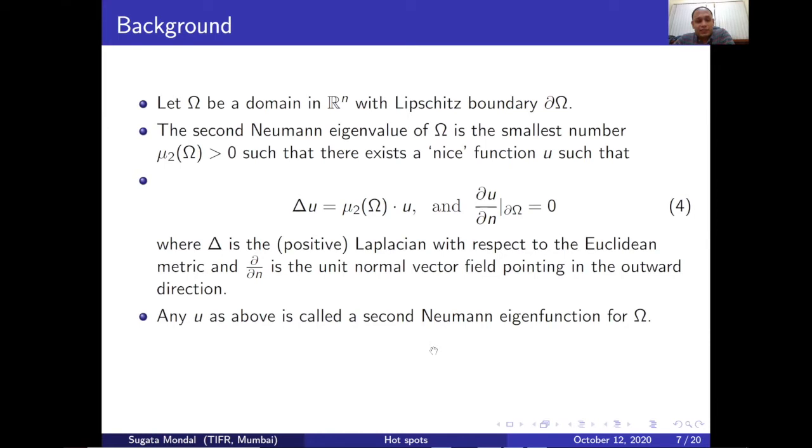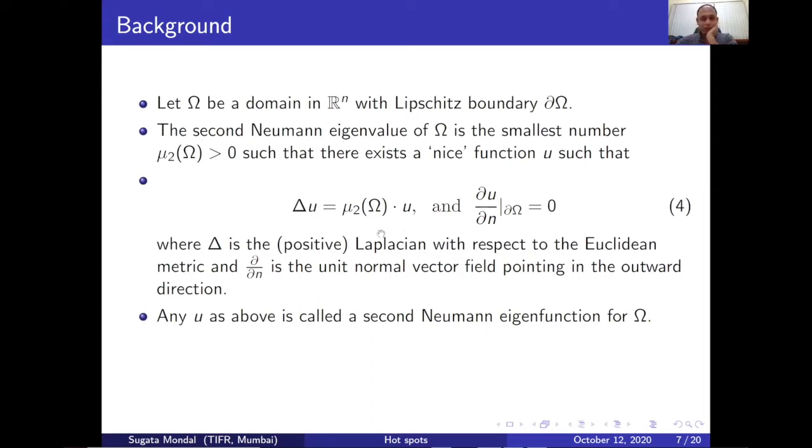Just to emphasize the fact that, unlike the Dirichlet case, where in this particular case also the first one is simple, unlike the first Dirichlet eigenfunction, the space of second Neumann eigenfunctions of any domain need not be one dimensional.